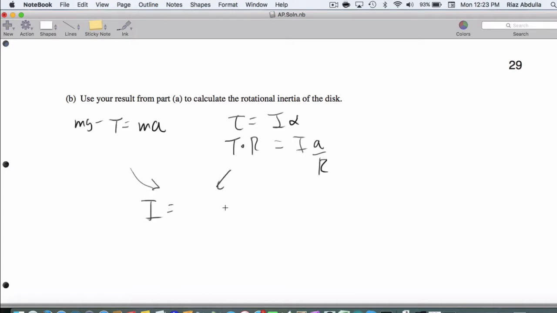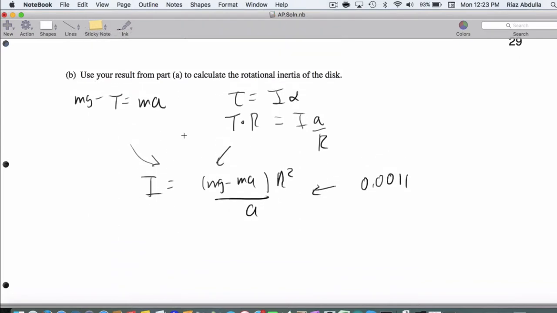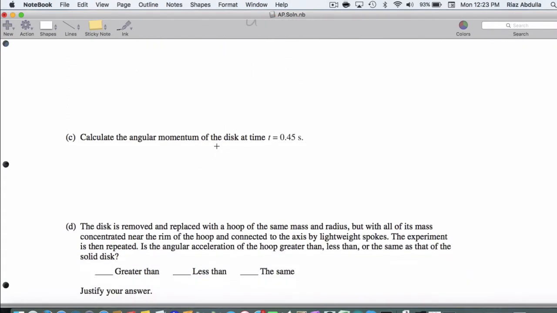So I'll get I as mg minus ma r squared over A. And when I put in my numbers, I got 0.0011. Okay. So you'll need to do the algebra for this because I'm getting tired.